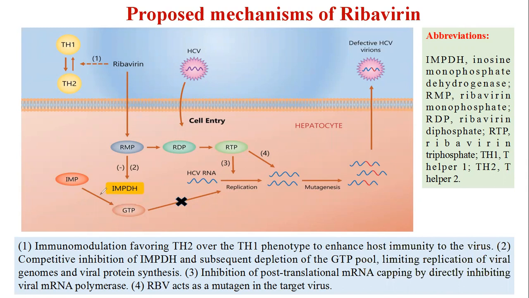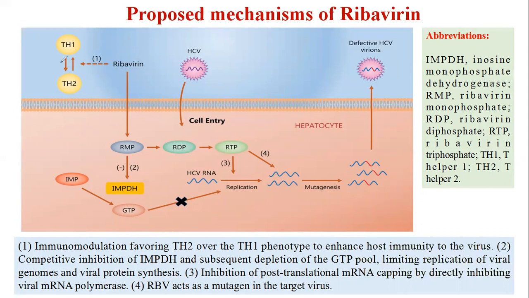This is an enzyme, and it is responsible for the conversion to GTP. When GTP is not formed, the HCV RNA will not get nucleotides and will not go for further replication. So what is actually happening here?